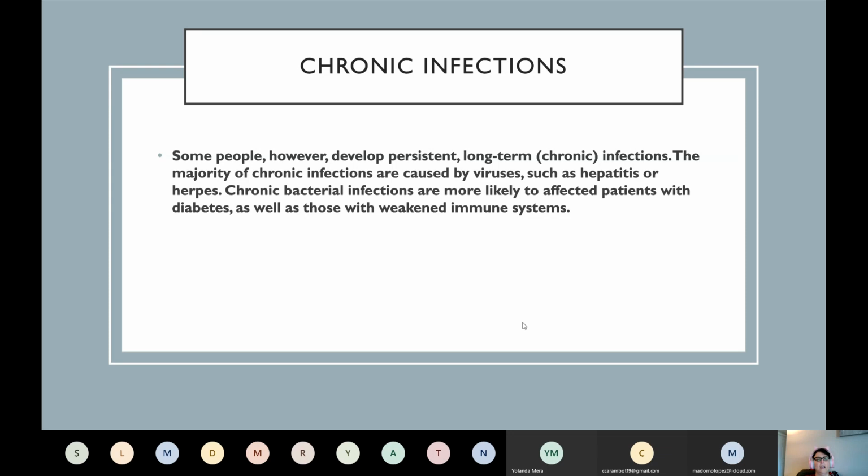All right. And we see this a lot with chronic hepatitis. COPD is a chronic disease because you'll have the effects of smoking cigarettes and everything that stays with you.